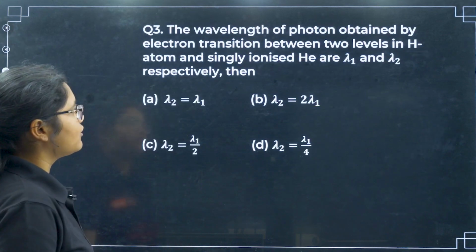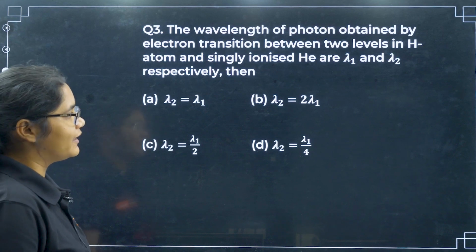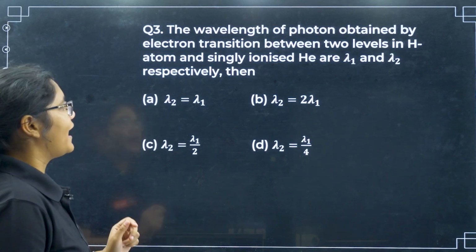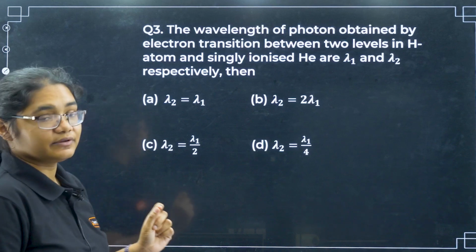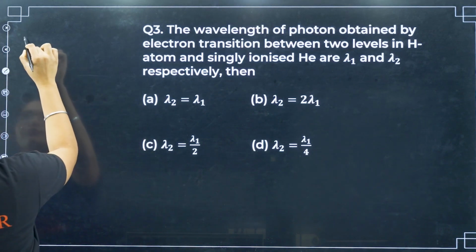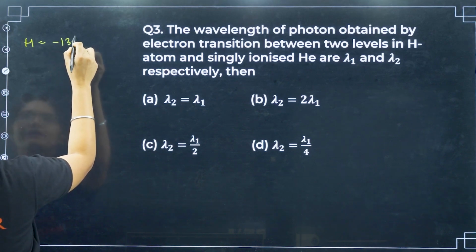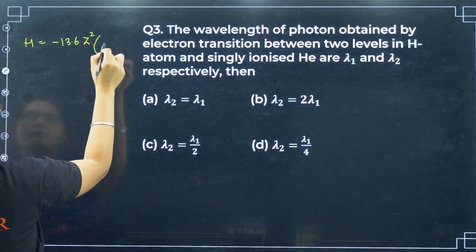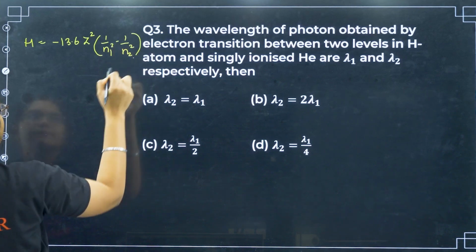Next, the wavelength of the photon obtained by the electron transition between two levels in H atom and singly ionized He are lambda 1 and lambda 2 respectively then. Okay, so first let us calculate for hydrogen. Okay, so we know the formula, minus 13.6 Z square into 1 by n1 square minus 1 by n2 square, right?